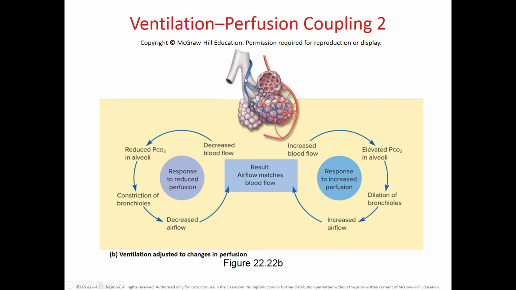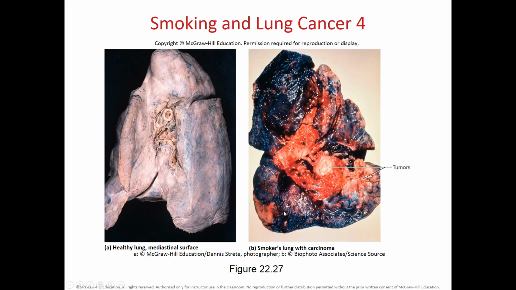So you will have a constriction of your bronchioles that will decrease your airflow, and that will create a response. So you will have an increased blood flow that is going to elevate the partial pressure in your alveoli, that is going to dilate your bronchioles, that is going to increase your airflow so you can match your blood flow to the airflow.